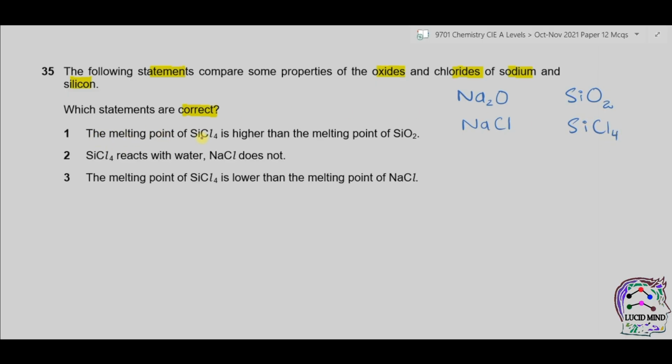First one, the melting point of SiCl4 is higher than the melting point of SiO2. Now in SiO2 we have giant structure in which each silicon is bonded to 4 oxygen atoms and each oxygen atom is again bonded to 2 silicon atoms, and this structure continues.